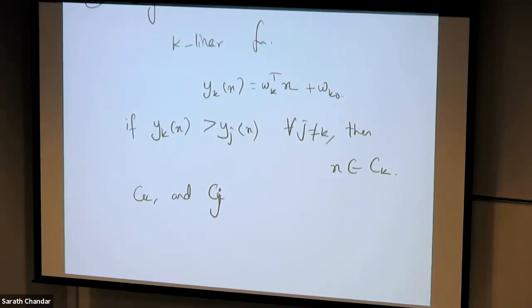Now, how would the decision boundary between ck and cj look like? What would be the point where 2 classes meet, ck and cj? Anyone? No, we are not in two-class setting.